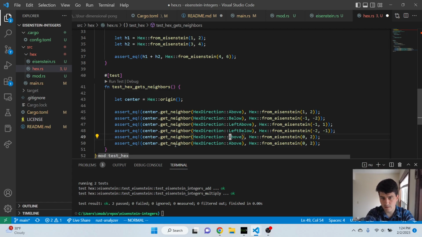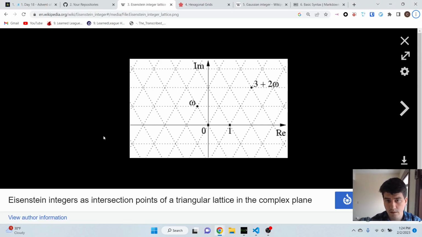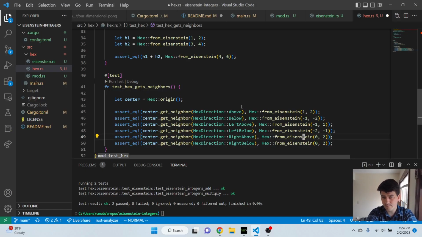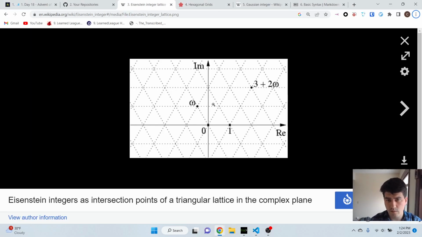And then right above and right below is going to be this one, which is plus 2 plus w. And right below is going to be this one, which is plus 1 minus w.